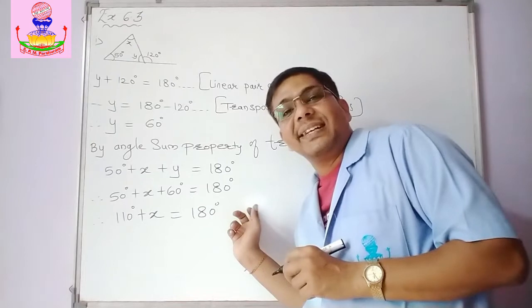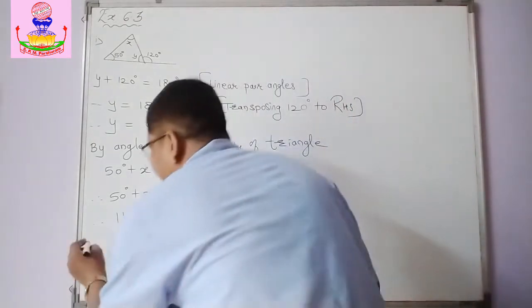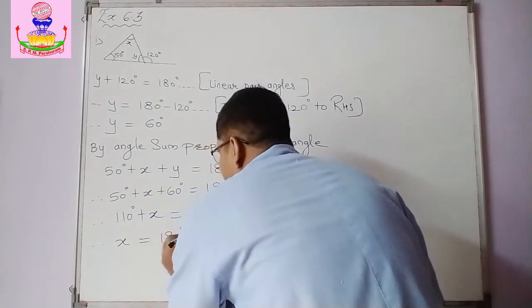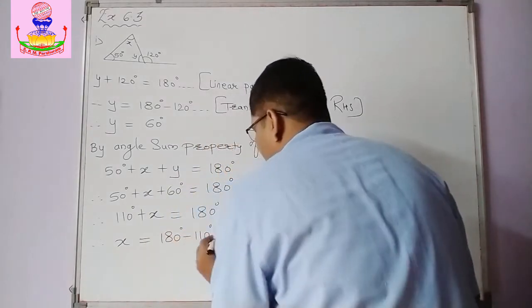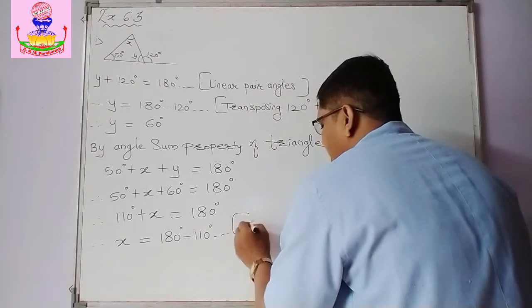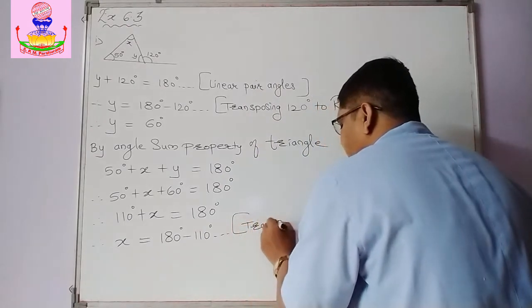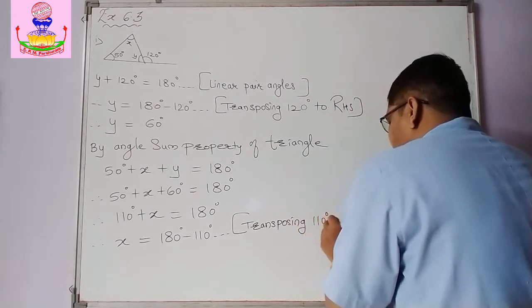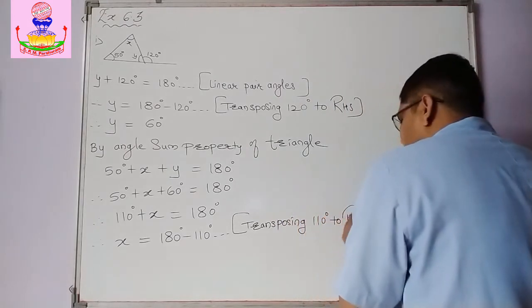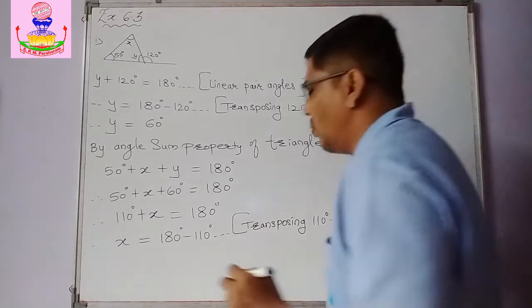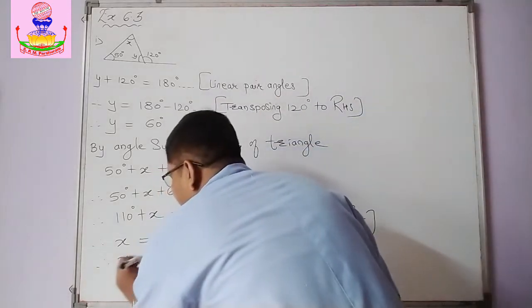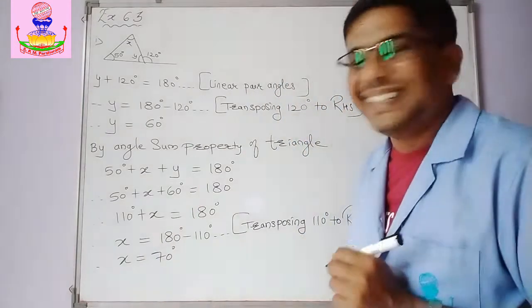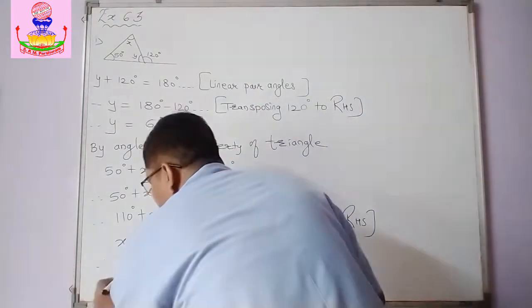Now bring this 110 to this side, that is transposing 110 degree to RHS. Now 180 minus 110, exactly 70, right?